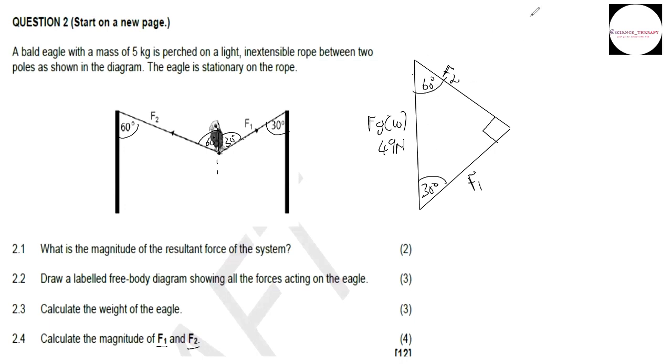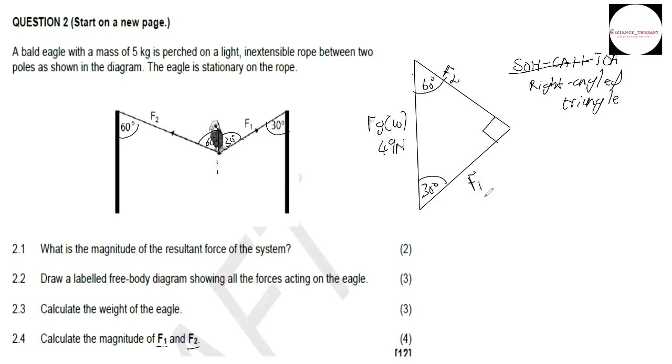Now that we have a perfect right angle triangle, we know this is a closed vector diagram. To calculate the values for F1 and F2, we use SOH-CAH-TOA since we have a right angle triangle. Note that this is only applicable for right angle triangles. If it's not a right angle triangle, we have already discussed in the previous question that you use the sine rule.